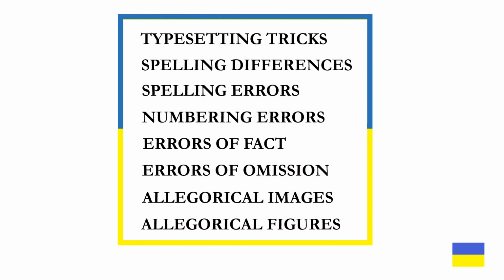The methods include typesetting tricks, spelling differences, spelling errors, numbering errors, errors of fact, errors of omission, the use of allegorical images, these are visual, and the use of allegorical figures, which are within the text.